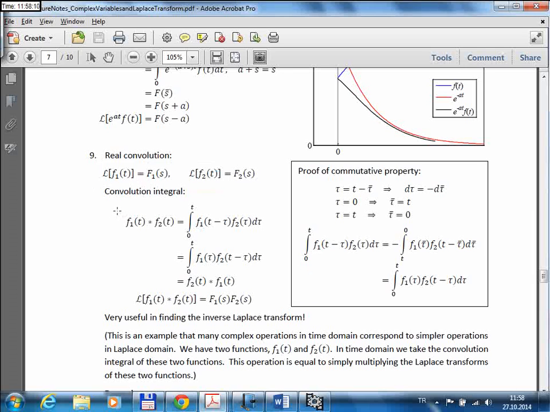This property says that taking the convolution of f1 and f2 in time domain, and I hope you know the convolution operation, right? The convolution is just defined through this integral.